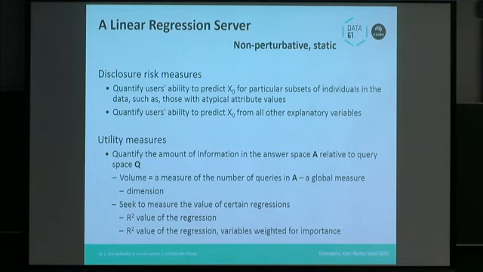So I think generalisability there is a real question if non-perturbative static linear regression servers are seen to have a useful place in the data dissemination landscape. So there, the risk measures are pretty convincing. I think again the utility measures are somewhat proxy in nature.